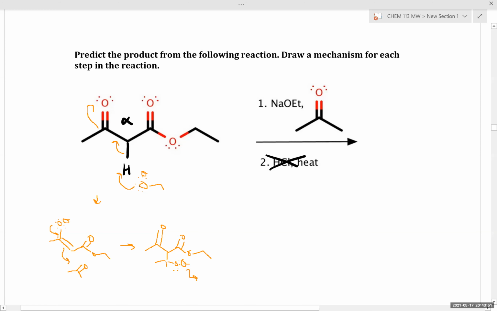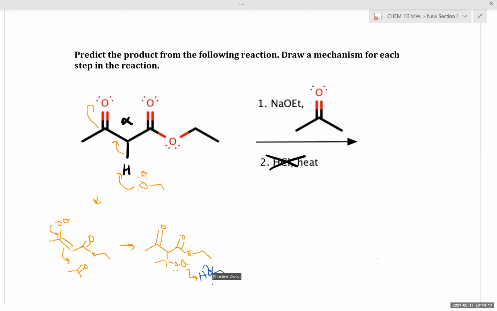So you've made some ethanol, right? So rather than protonating with hydrochloric acid, just show the protonation with ethanol. Yep.